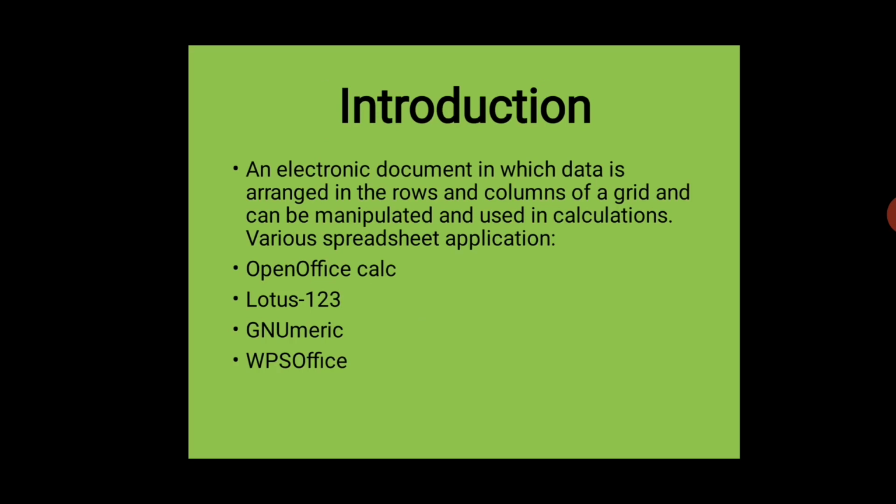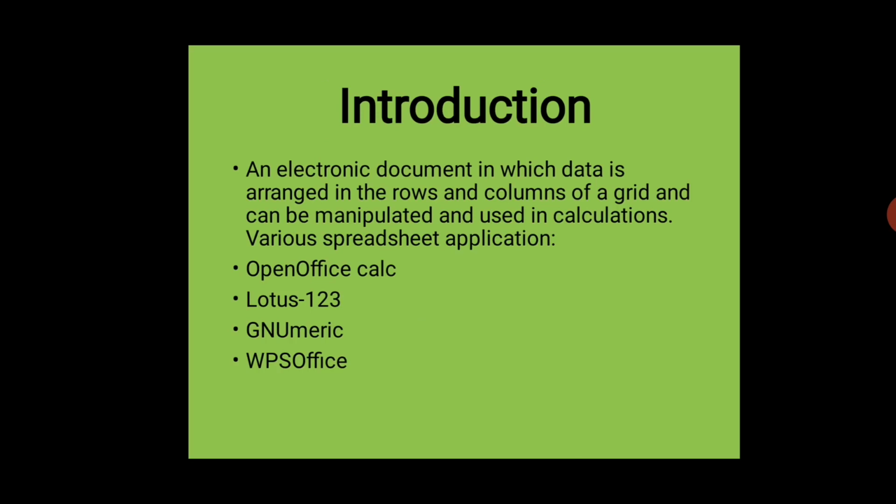First we will discuss the meaning of spreadsheet. What is the meaning of the spreadsheet? A spreadsheet is an electronic document in which data can be arranged in rows and columns in a grid or tabular form. Rows are always horizontal and columns are always in a vertical order. We can use our spreadsheet to save our data, and a large amount of data we can save here easily.